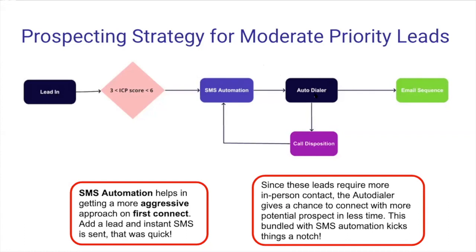If there is a certain connection or engagement, then we put them into an email sequence where there are one-on-one emails and calls. If not, we circle them back to an SMS automation part where we wait, or try to have engagements on the next level.